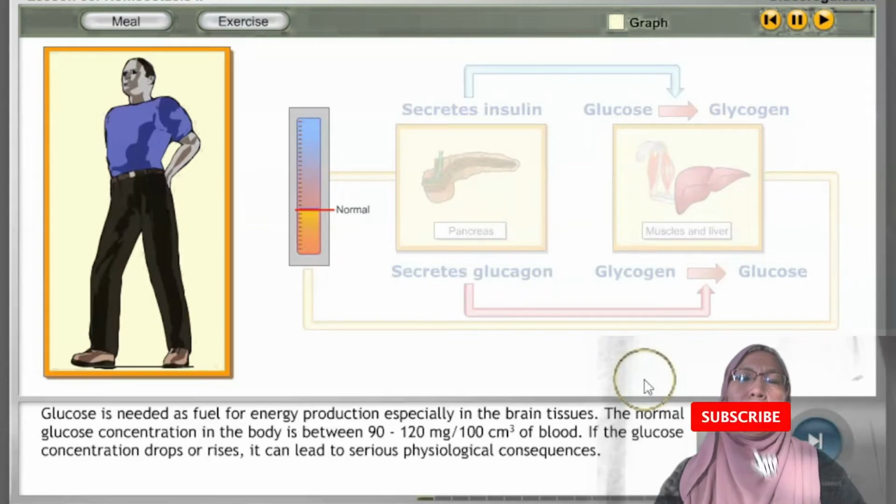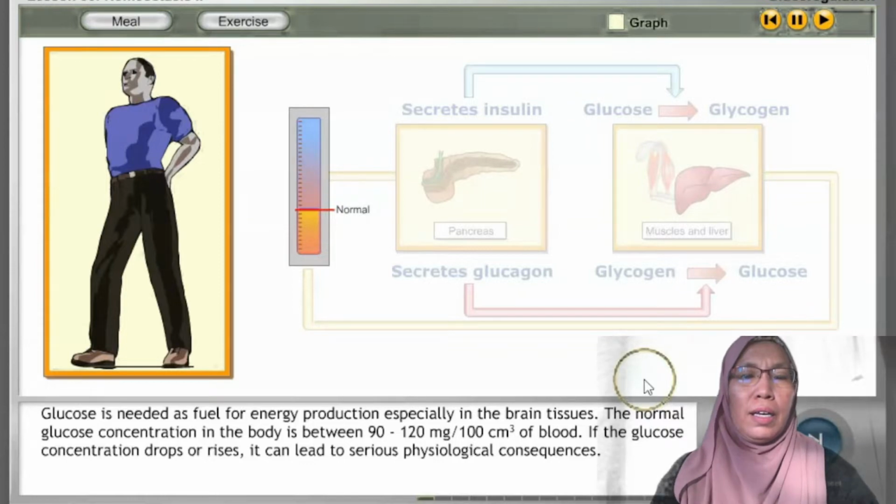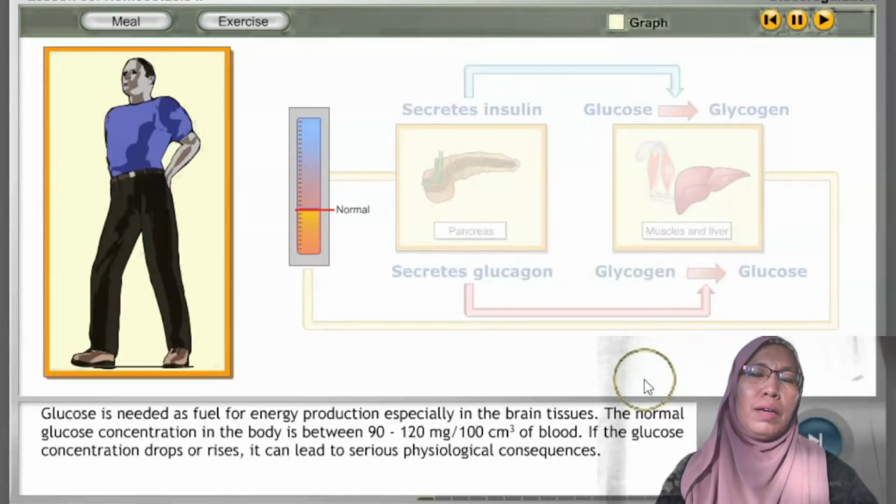One of the homeostasis processes that occurs in our body is the metabolism of carbohydrate, which is the control of glucose concentration in our body.